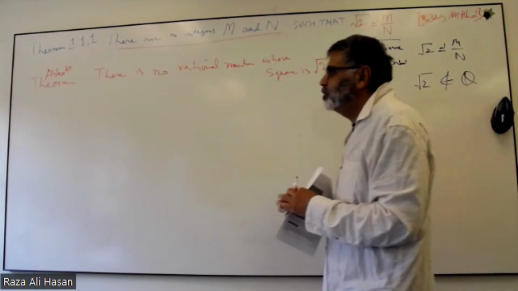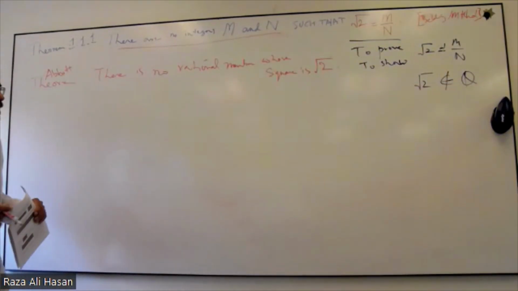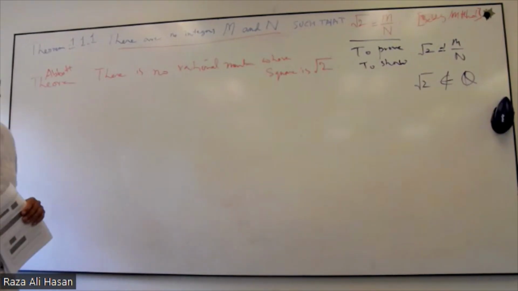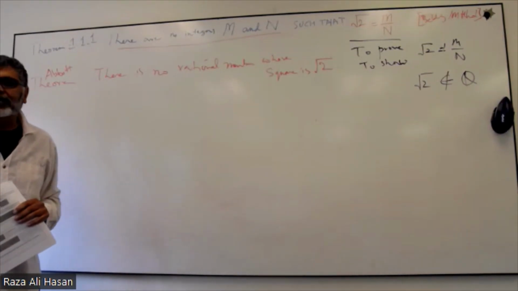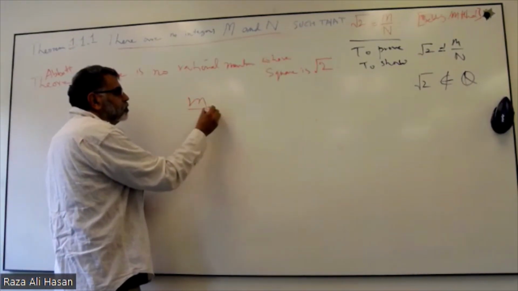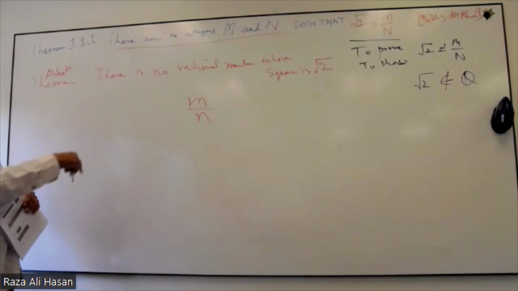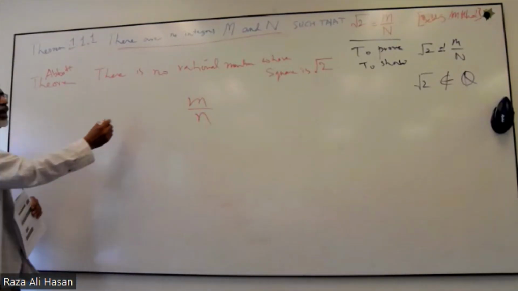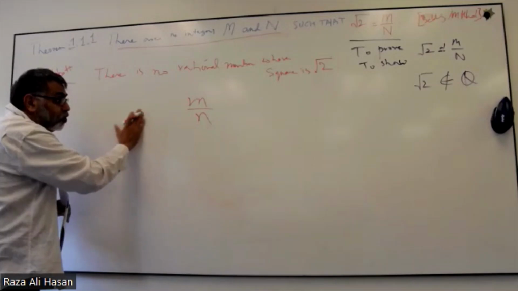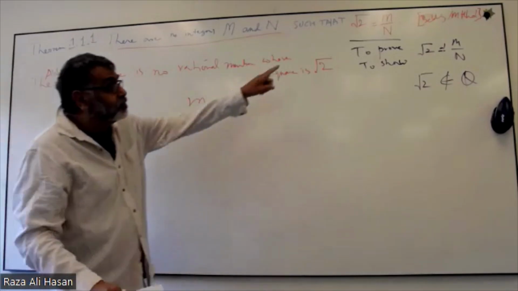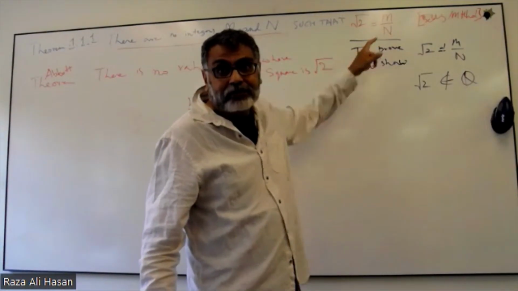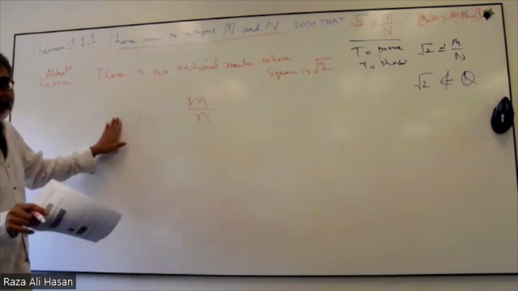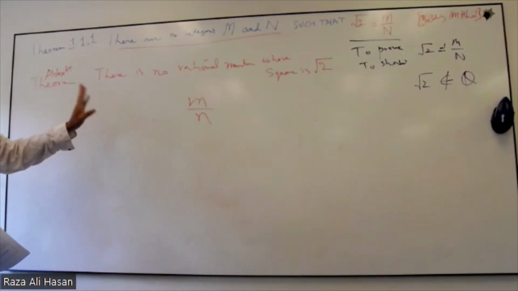Oh, rational numbers. Sorry, I messed that up. Let's try this again. It says there is no rational number. So what's the best representation of a rational number? That's a rational number. You can also say Q is a rational number, but this is what we should be using, right? Hint, hint from the other formulation. So now we're better. Now I can understand it.